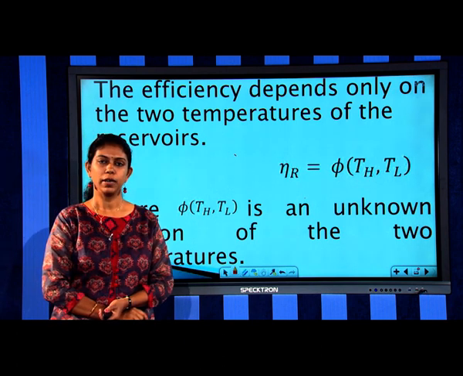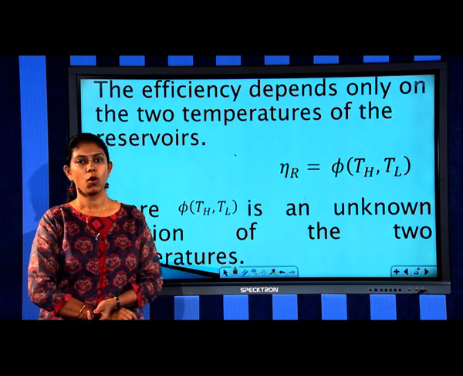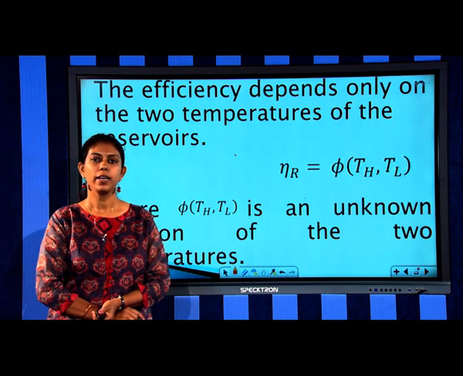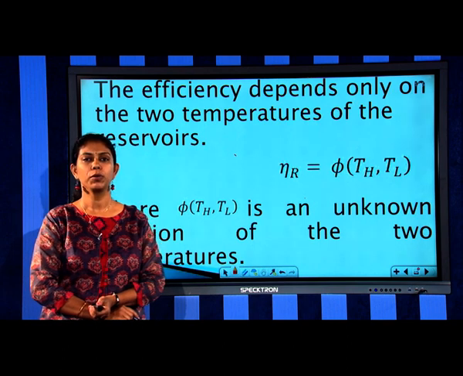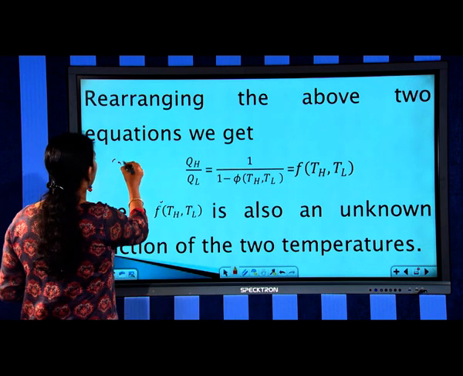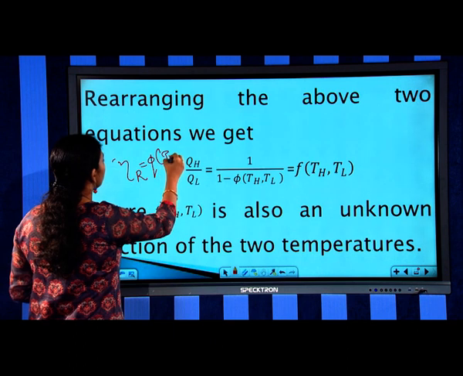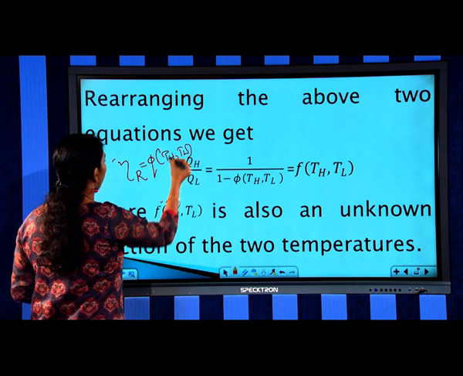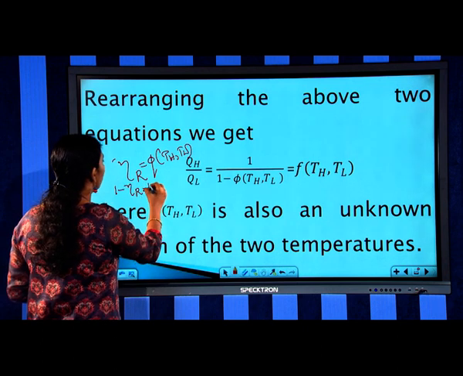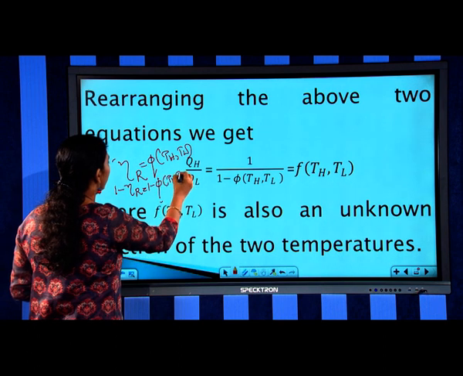The efficiency of a reversible engine is a function of two temperatures TH, TL, where phi of TH, TL is an unknown function of the two temperatures. Here eta R is a function of two temperatures TH, TL. Then 1 minus eta R is equal to 1 minus phi of TH, TL.